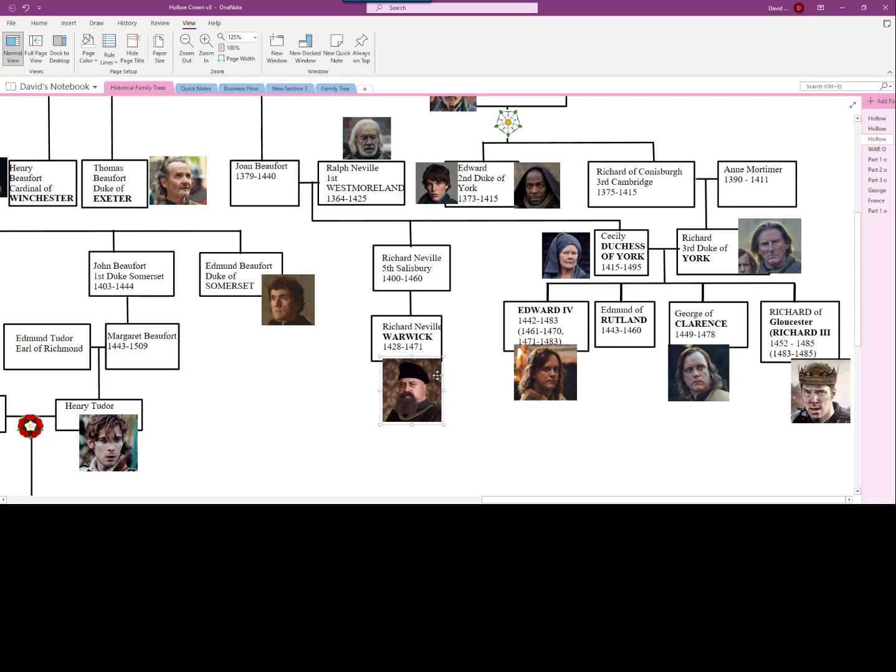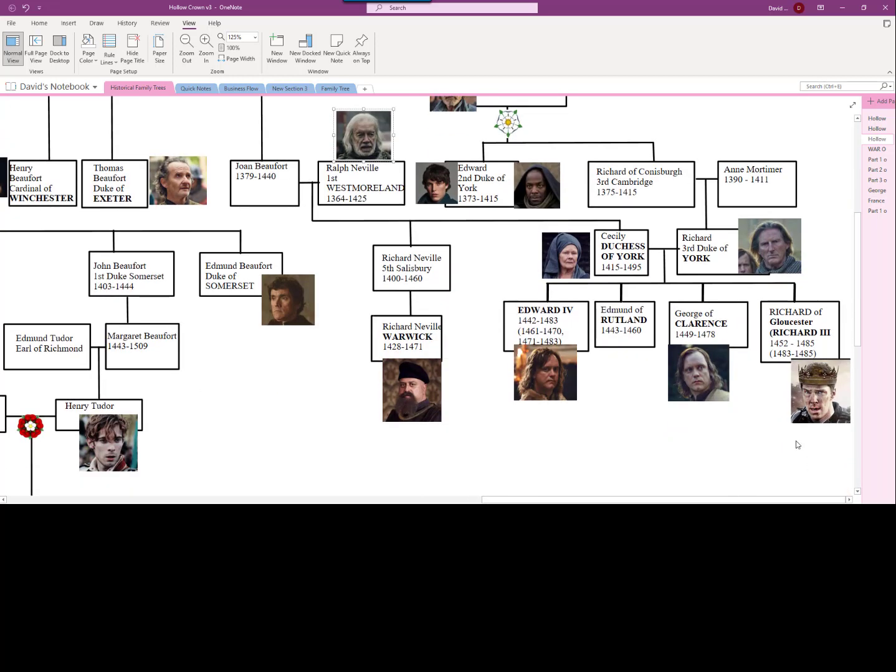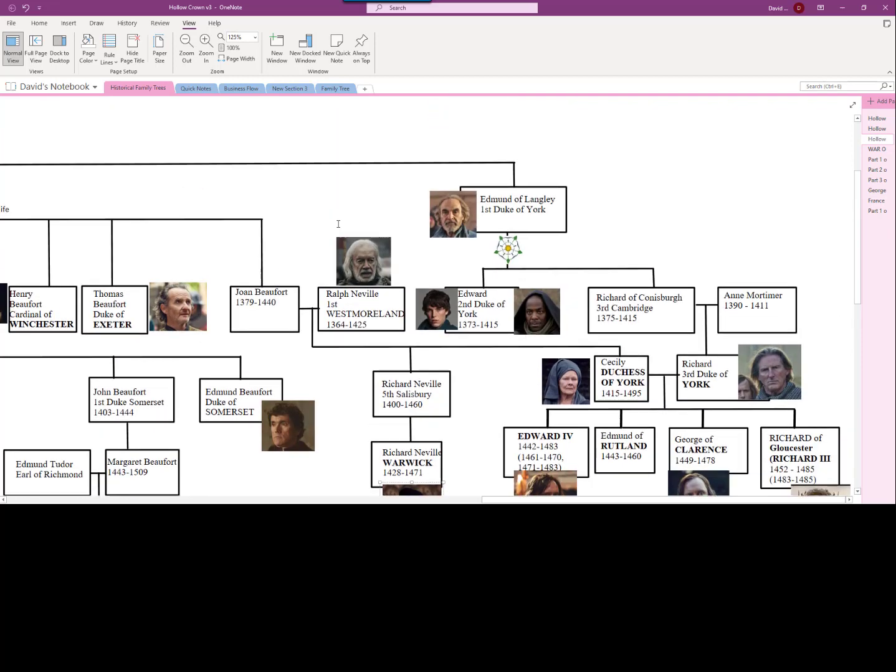I just love that character. Anyway, just a little bit of trivia, his last name is Neville. He's a grandson of Ralph Neville, the Earl of Westmoreland from Henry IV and Henry V. So you may remember him. So they're the two people really representing the Yorkists. Warwick is not a Yorkist by descent, but he's certainly Richard's ally.